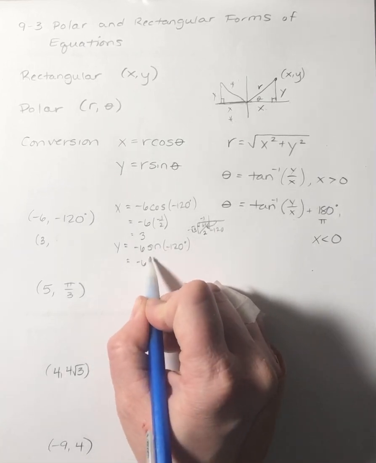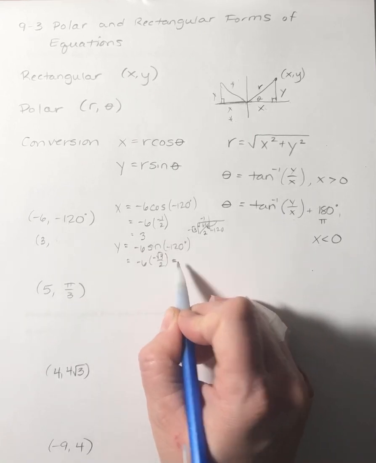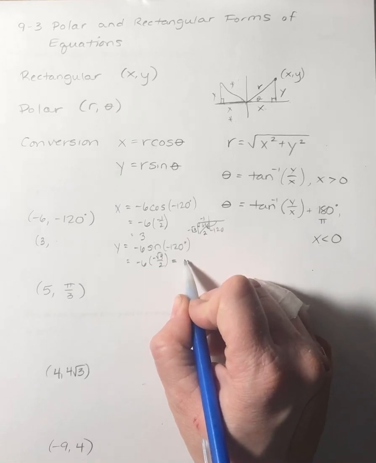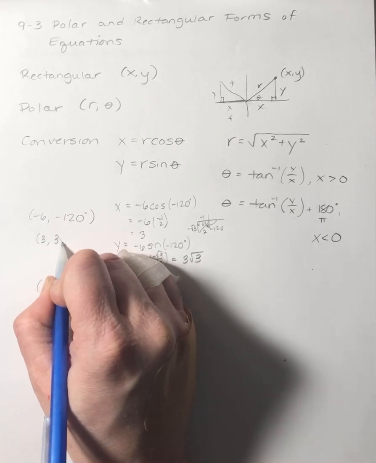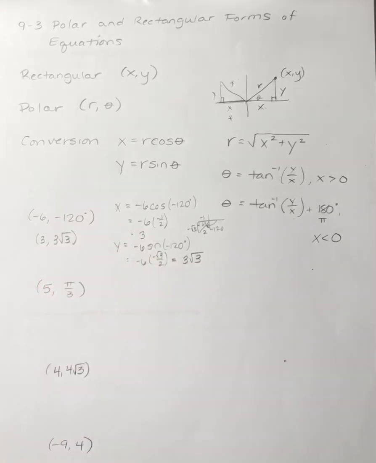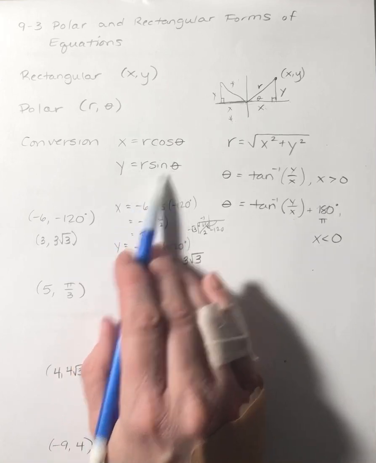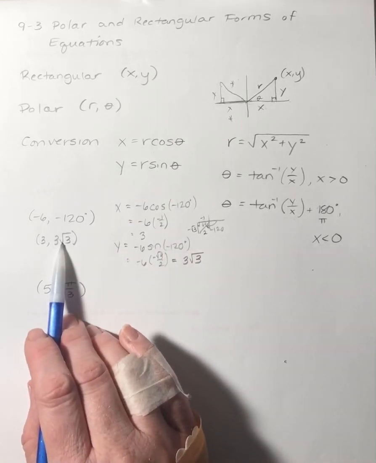So I have -6 times negative square root of 3 over 2, and I end up with 3 square roots of 3. And if you would like to quickly check your answer, you can type that in the calculator. This one obviously is going to give you a decimal approximation.